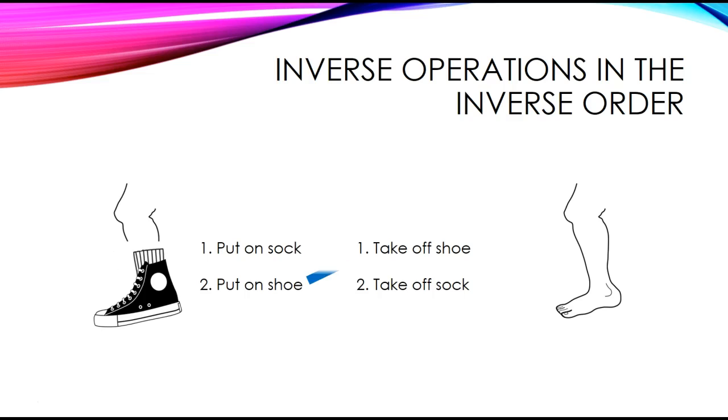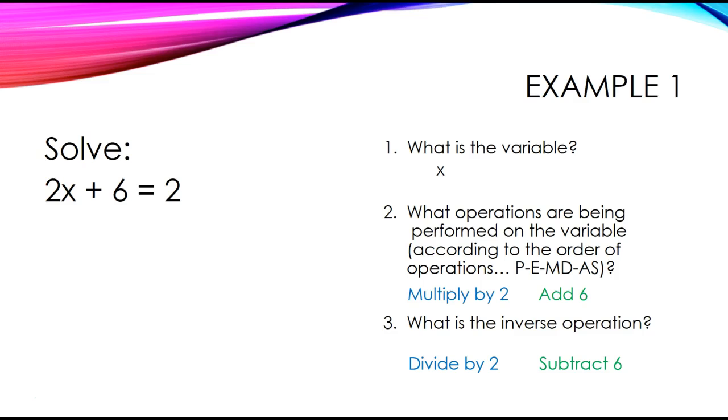So what we end up doing is our operations in the inverse or reverse order. So how does that apply to solving an equation? Well, it means first we subtract 6 and then we divide by 2.